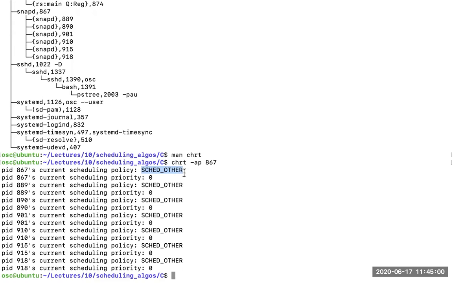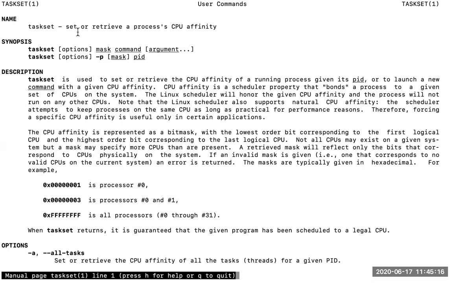There is another command that helps us look at the CPU affinity, that is taskset. The taskset would allow us to look at the CPU affinity. We discussed that during load balancing, we try to minimize the shift, because we want to take care of the currently running processes which already have populated cache memory.